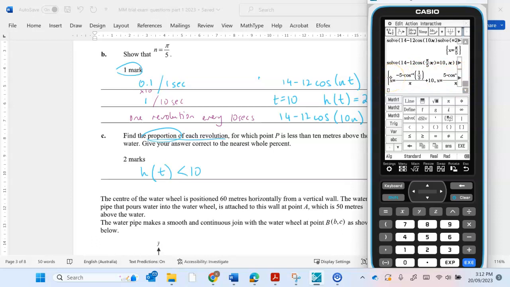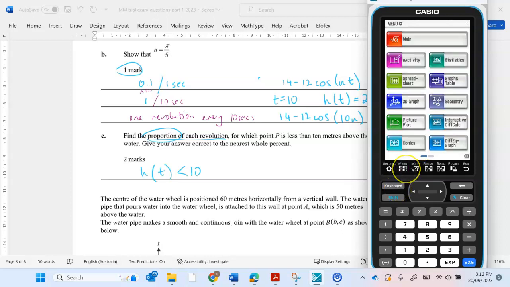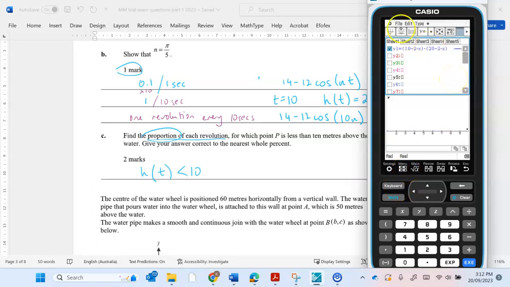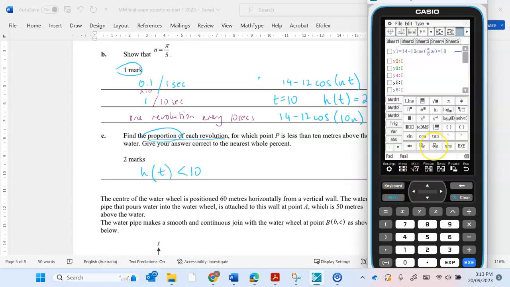We've just got to know where it's crossing our graph, so what I might also do is just sketch it. Oh, good, you're going to let me highlight. If I copy this and sketch it, I'm going to put in 10 here, because when we let it equal 10, we're saying I want to know the intersection between this cosine graph and the line y equals 10.